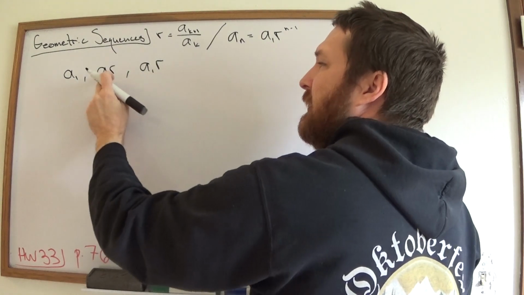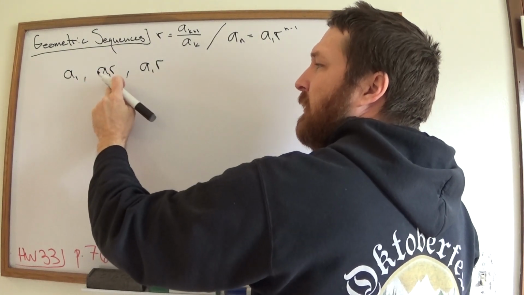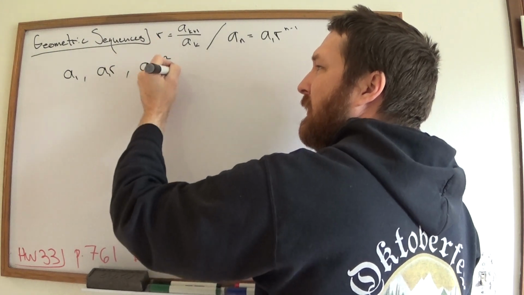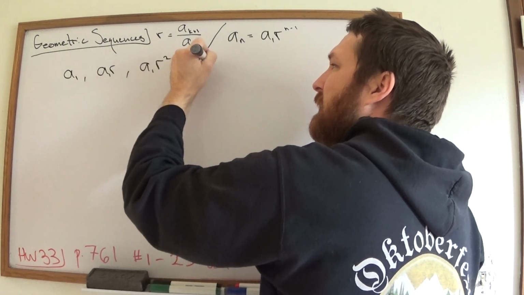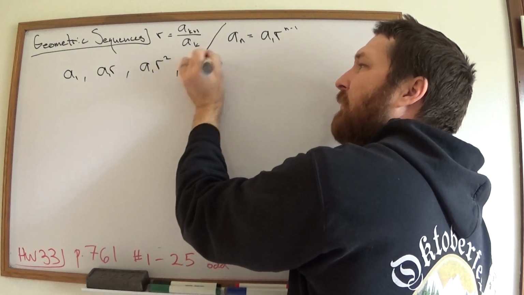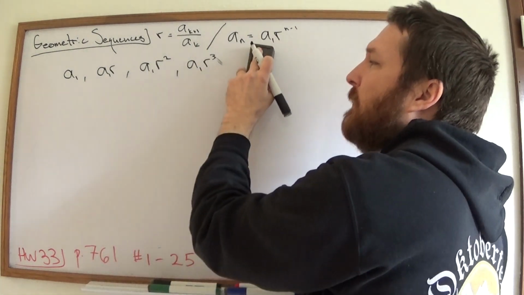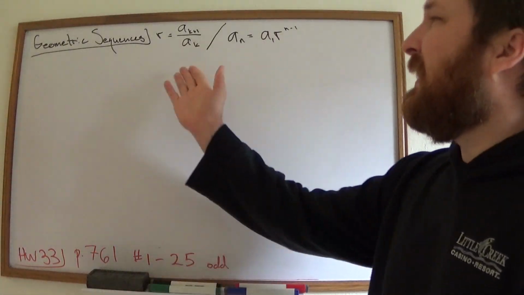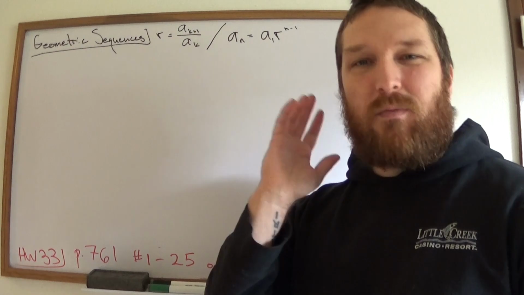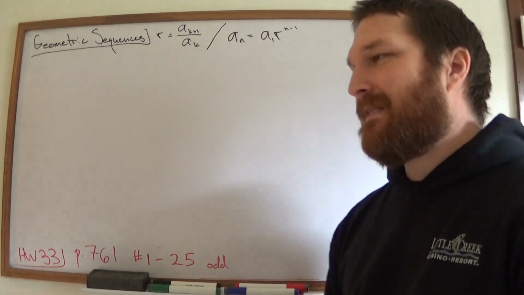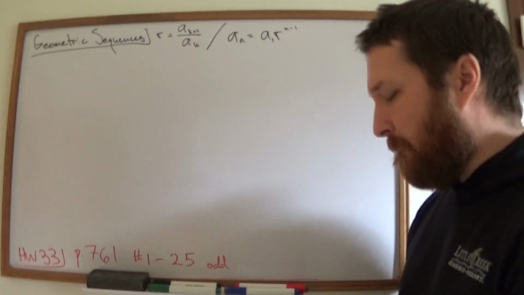To get from here to here, you multiply by R. To get from here to here, you take the previous thing and multiply by R again. To get the next one there, you take the previous thing, multiply by another R, and it brings you up. That's what a geometric sequence is. So we define it by saying there's a constant ratio, but what does that really mean? To get the next one, you multiply by some number, and it's the same number every single time.